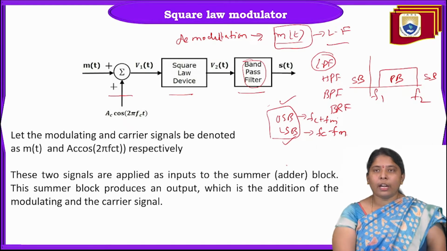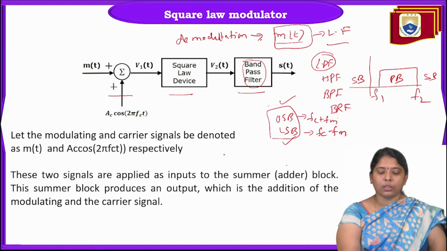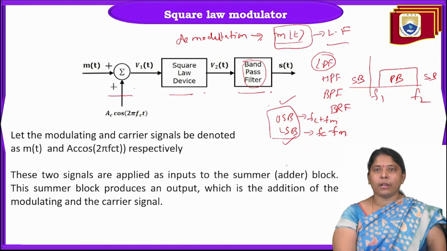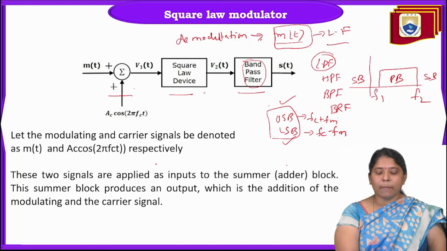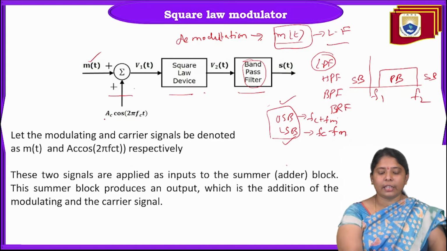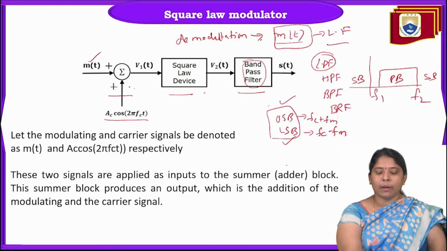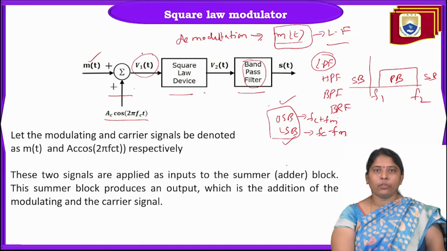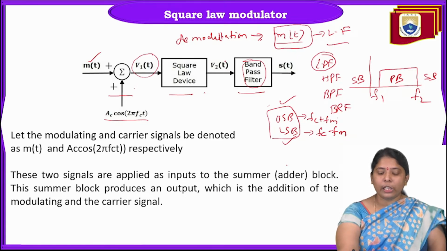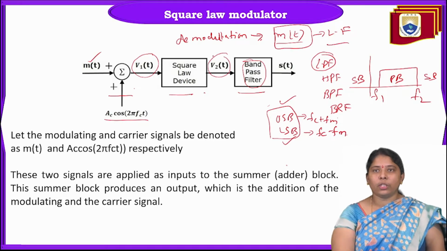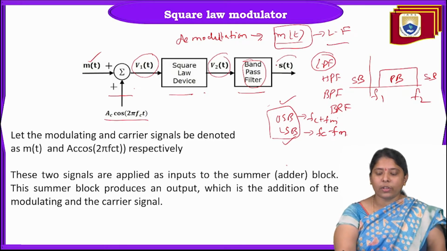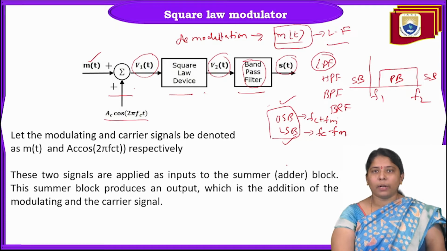So in the square law modulator, we have three blocks: summer block, square law device block and band pass filter block. As we know, summer inputs are message and carrier. Sigma means summation. So V1 of t is the output of the summer block, V2 of t is the output of the square law device and S of t is the output of the band pass filter.